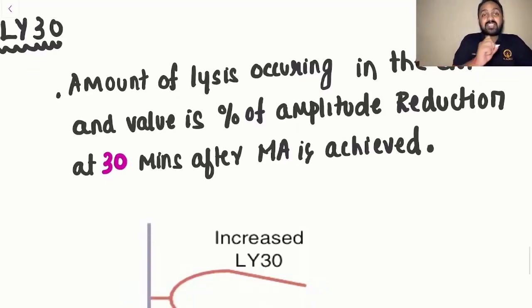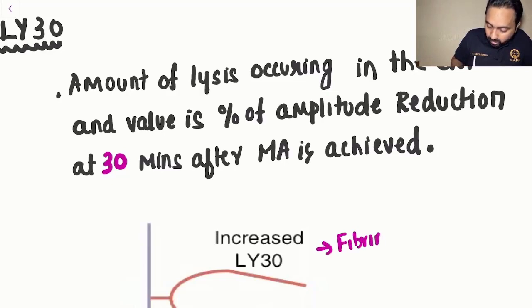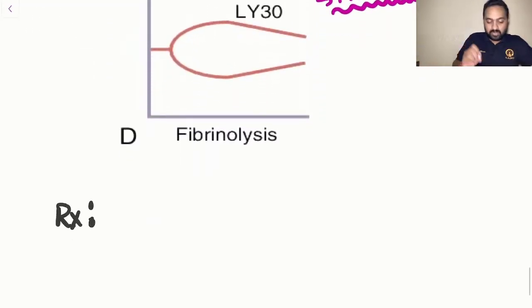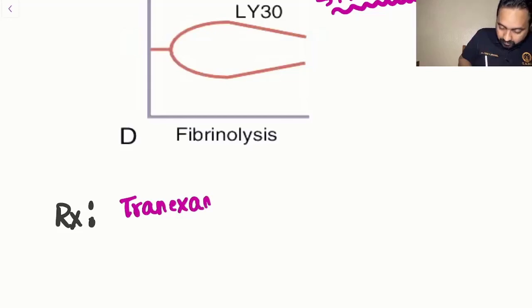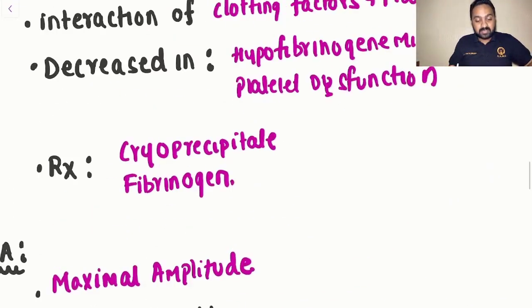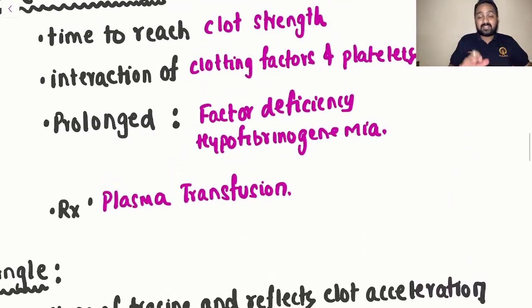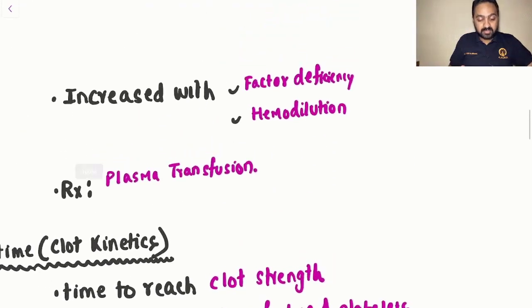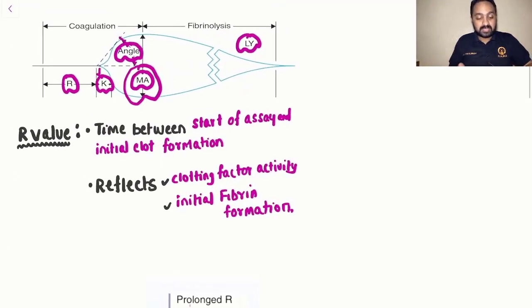So the increased LY30 is suggestive of your fibrinolysis, and this is the point where your treatment would be requiring tranexamic acid. Right.